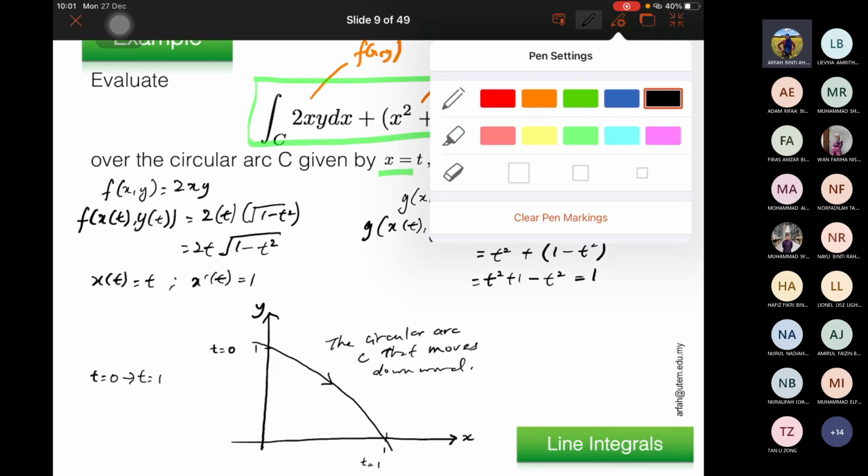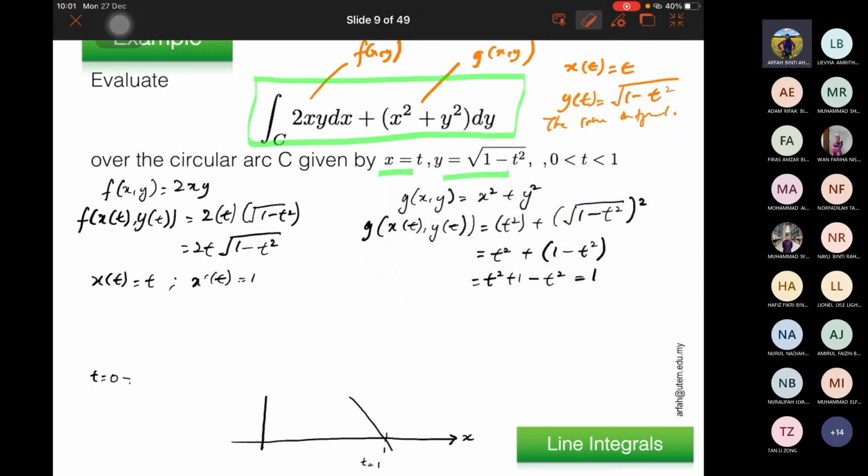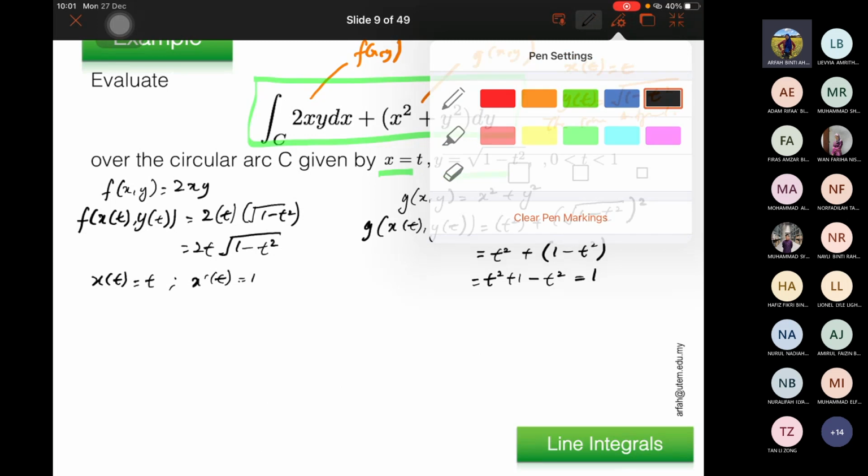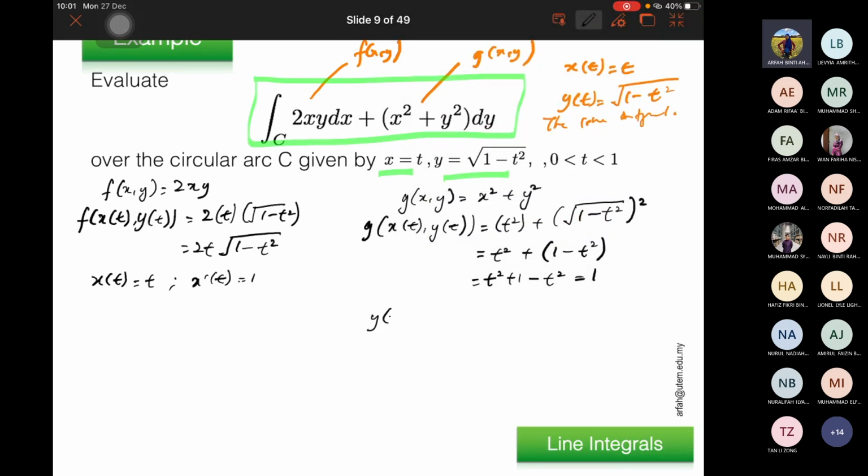Okay. Then from here awak punya g function is y(t) sama dengan set 1 tolak t squared. That is 1 tolak t kuasa 2, kuasa 1/2. So y prime of t akan sama dengan 1 tolak t kuasa 2, kuasa 1/2 tolak 1, negatif 1/2 darabkan dengan kat dalam dia kita bezakan jadi negatif 2t.